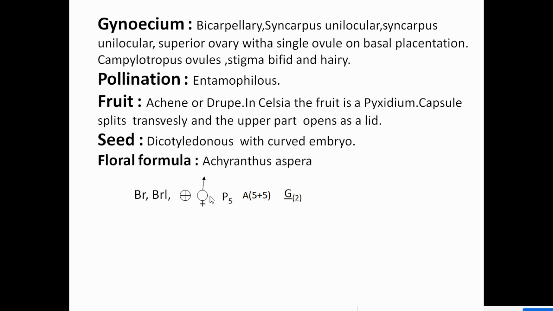As far as pollination is concerned, when the stigma is bifid and hairy, it is meant for entomophily, so pollination takes place by insects.